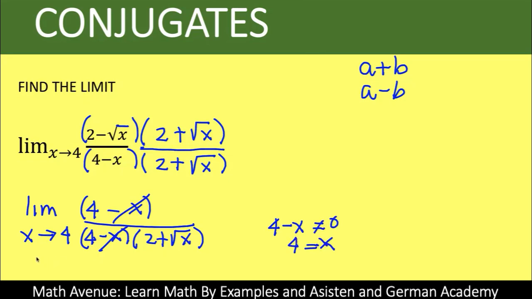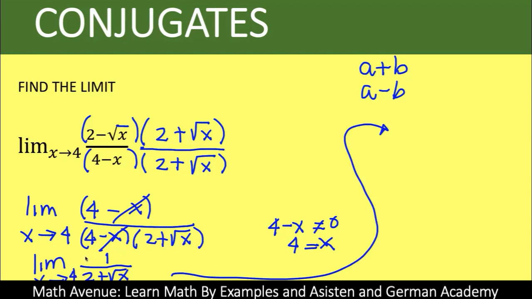And so what we have is the limit as x approaches 4 of 1 over 2 plus the square root of x, because this is now cancelled out. So let's continue here.